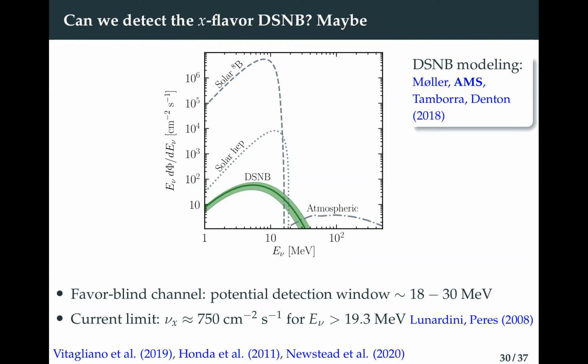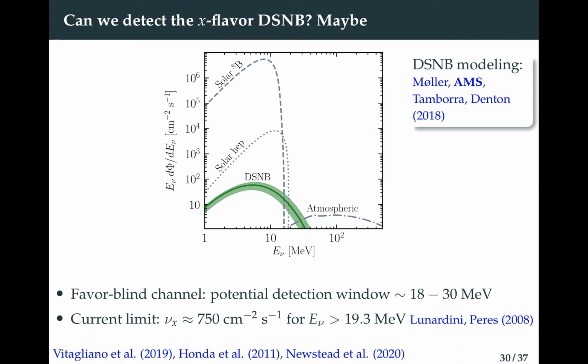And as we see, there can be a lot of stuff happening, especially in the DSNB sector, so if you want to know what's happening, you really want to measure all the different flavors of neutrinos to be sure that there is no new physics hiding somewhere that you didn't measure. So in principle, if we look at this plot, we can see that there is a window where we can detect the DSNB in all flavors. This is the sum of the flavors, where the DSNB is higher than atmospheric and above the solar background.